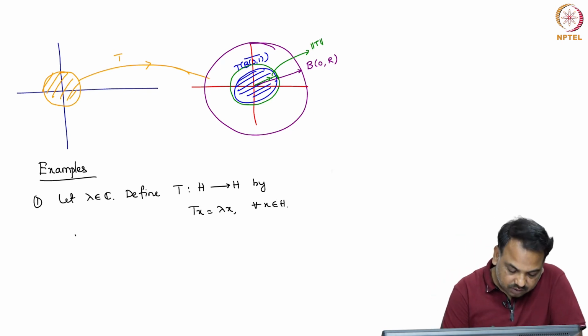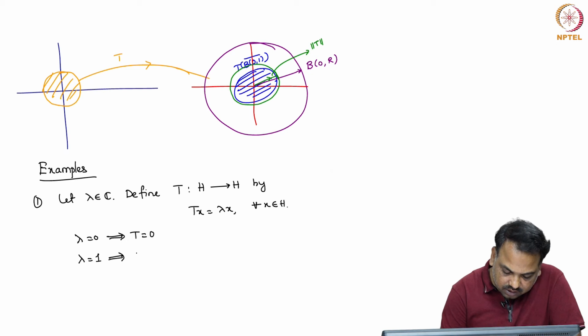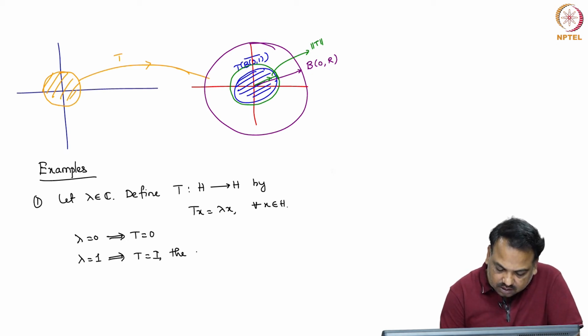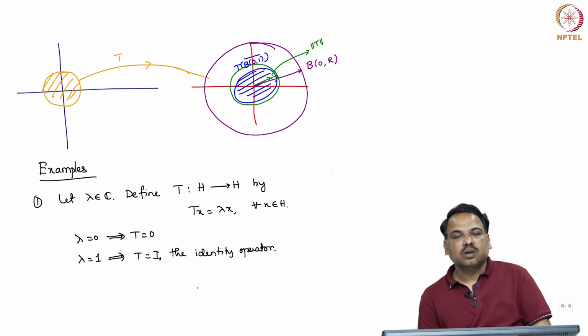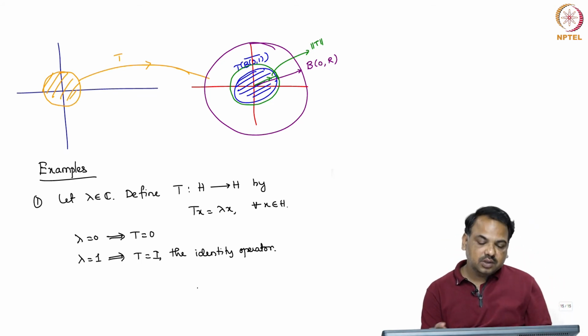So, lambda equal to 0 will give T equal to 0, and lambda equal to 1 will give T equal to the identity operator. Now, here it is easy to find the norm of the operator, because if you look at the closed unit ball B in the Hilbert space, T of B is nothing but lambda times the closed unit ball.